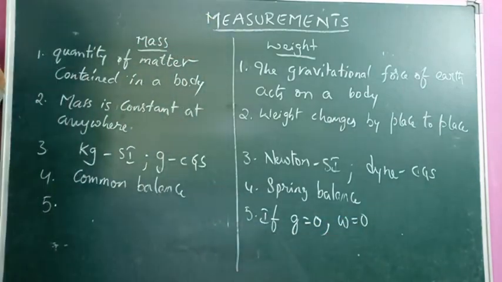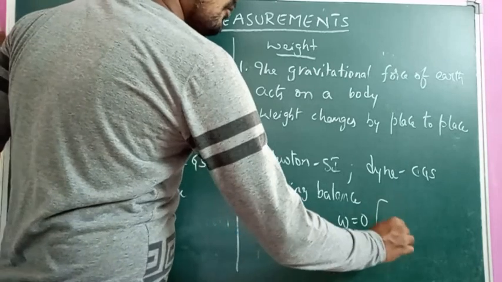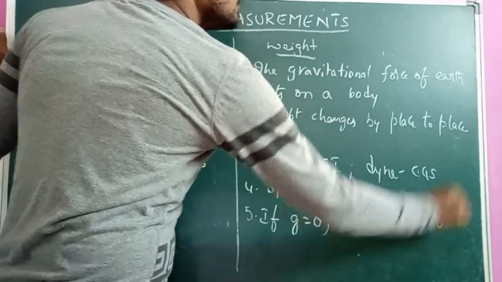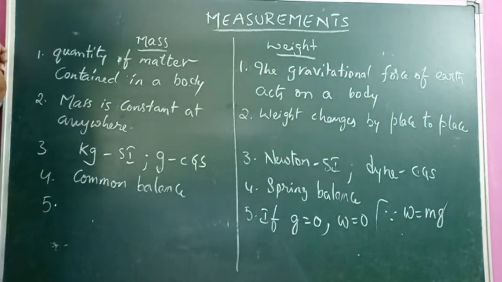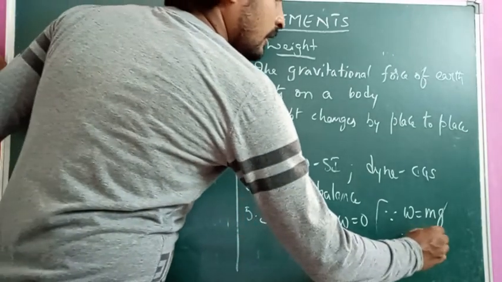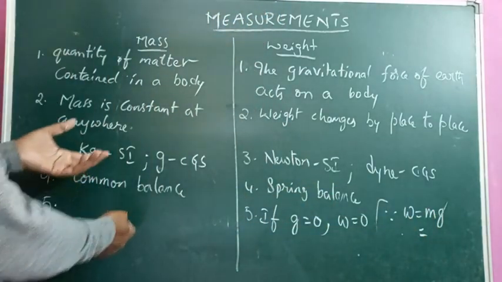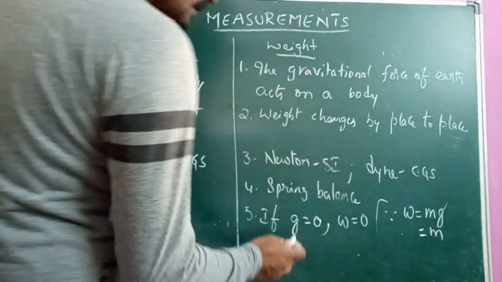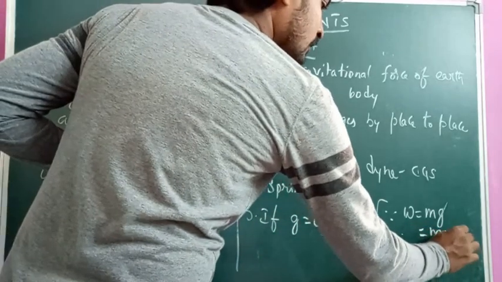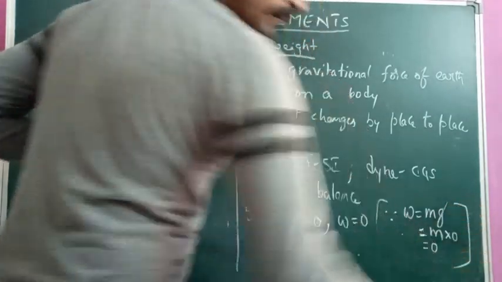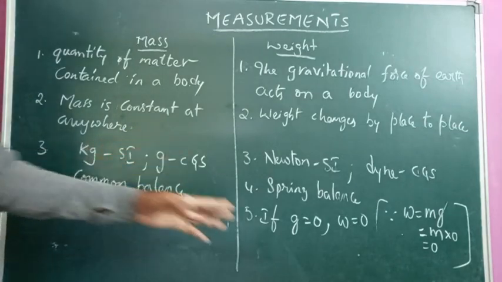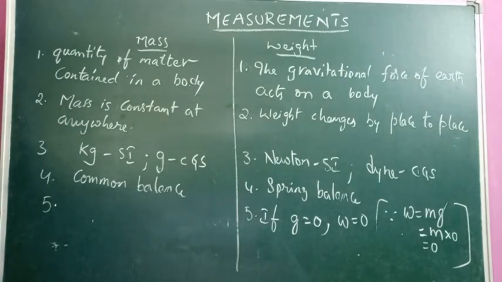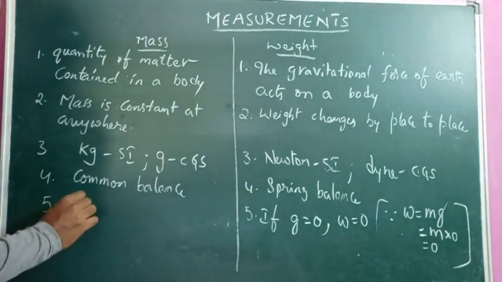Since the weight formula is mass into acceleration due to gravity, and mass is constant anywhere in the universe, it has a certain mass, but the g value is 0, so m into 0 gives 0. So if g is equal to 0, the weight of the body is 0. But mass cannot be 0.